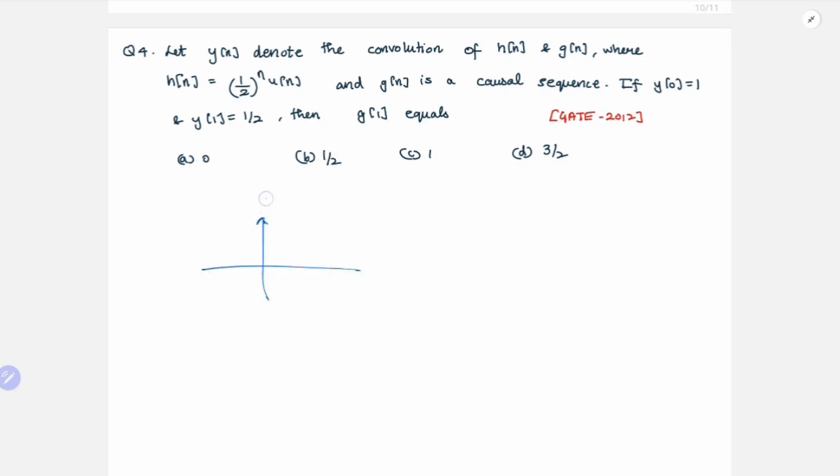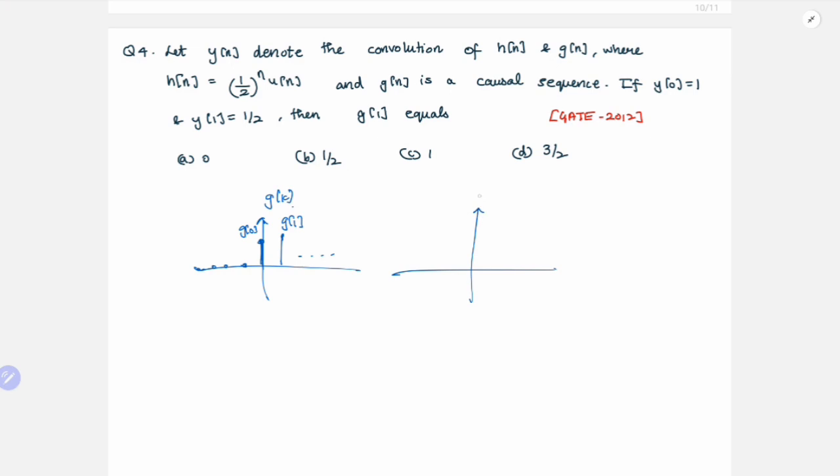So here, let me say I have g of k. I have some g of 0, g of 1 and something else also. But one thing is it is causal, which means that these are going to be equal to 0.